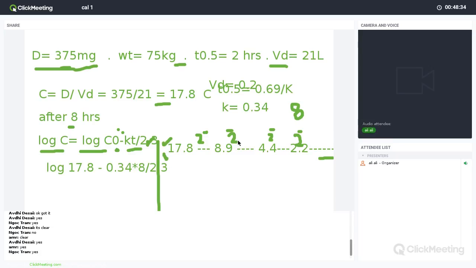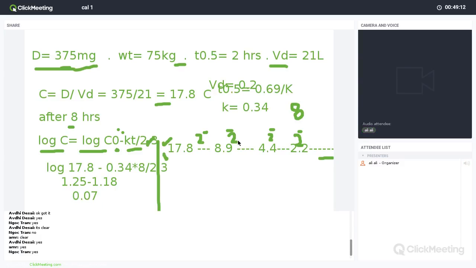So now we have 1.25 minus 1.18, which will equal 0.07.